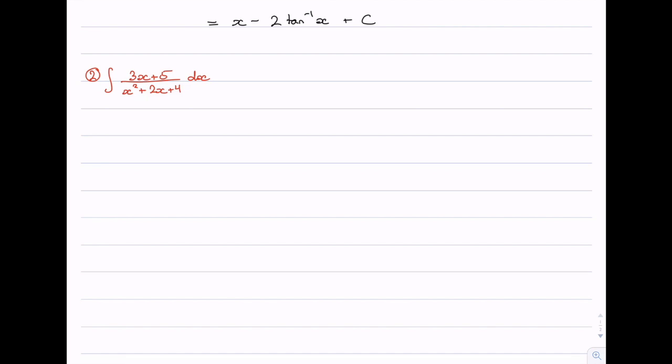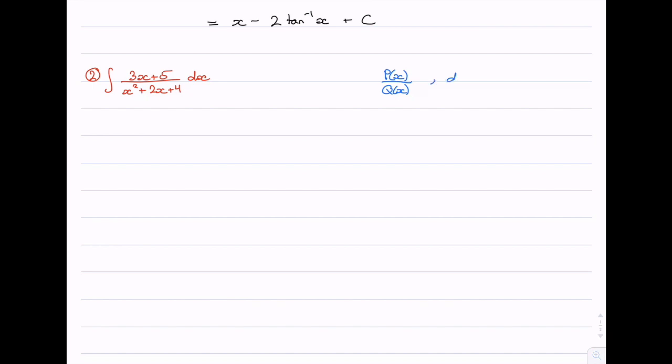The second example is the integral of 3x plus 5 divided by x squared plus 2x plus 4. So in this example, as in the first one, we have a rational function. So that means it's something of the form p of x divided by q of x. But in this case, the degree of the numerator is less than the degree of the denominator.